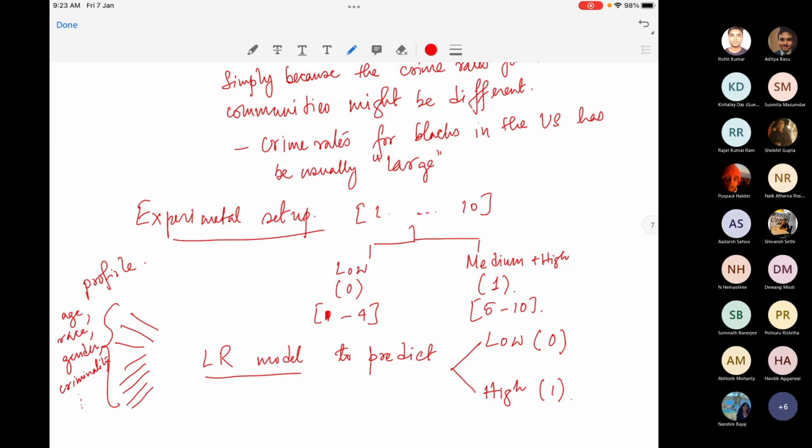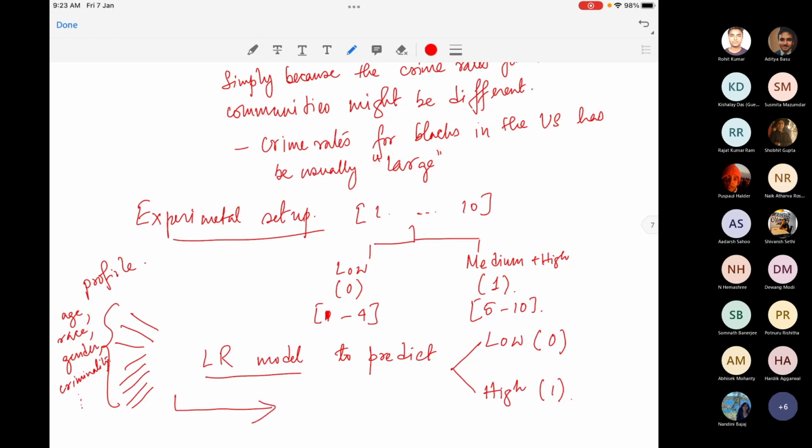So they discarded the distribution analysis and went on to this kind of analysis, using these features to see how predictive race and special features are.